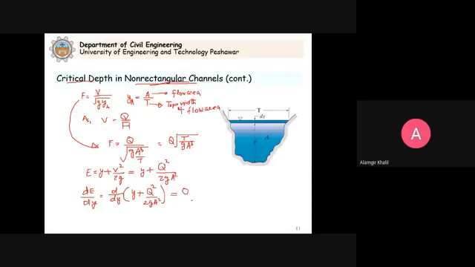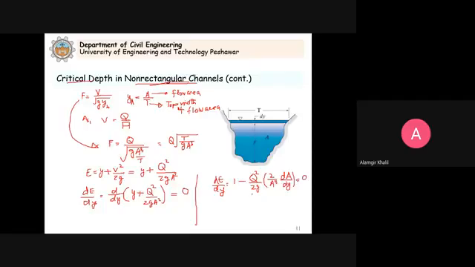When you simplify this, dE by dy will be equal to 1 minus Q square, which is constant, divided by 2g, into 2 divided by A cube into dA by dy, because the flow area is a function of the depth, and this will be equal to 0.